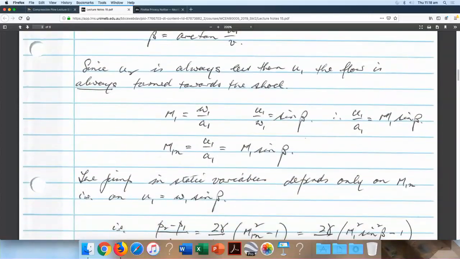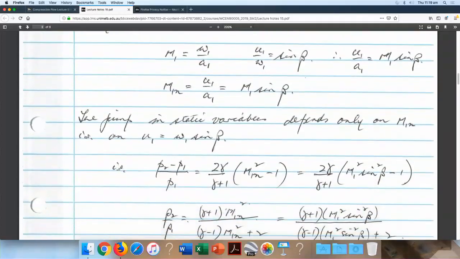So the jump in static variables depends only on M1n. That is, on U1, which is W1 sine beta. And in particular, the pressure jump, P2 minus P1 over P1, this is a formula that you might want to commit to memory.